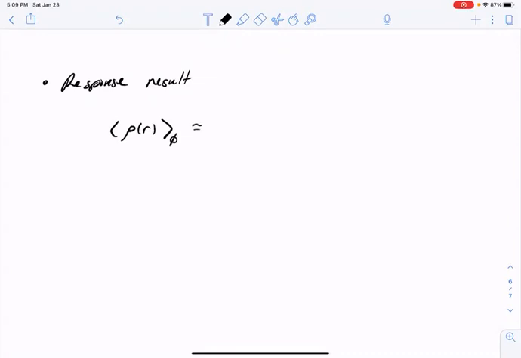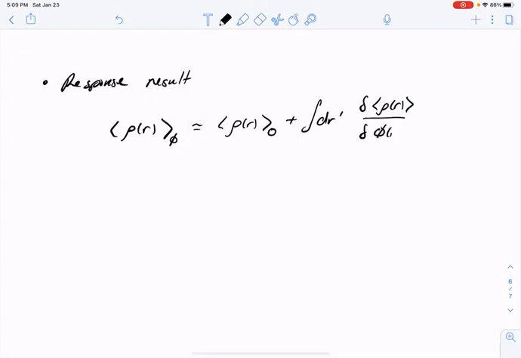And to first order, that should be the density at R in the absence of the field, plus an integral over all R prime, how the density on average at R changes with a field at R prime, evaluated in the reference, times the field at R prime.